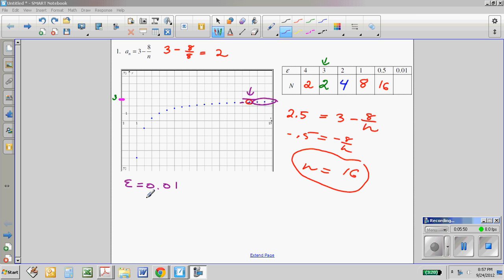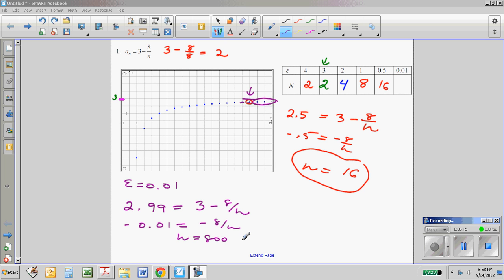Okay, so before I solve it, just to remind you, if epsilon is 0.01, I'm looking for the answer to be 0.01 away. And as we can clearly see, it's going to be below. So I'm looking for the answer to be 2.99. So I'm going to set it equal to 3 minus 8/n. And algebraically, I'm going to figure out for what n value that happens. Okay, so I get n to be exactly 800.